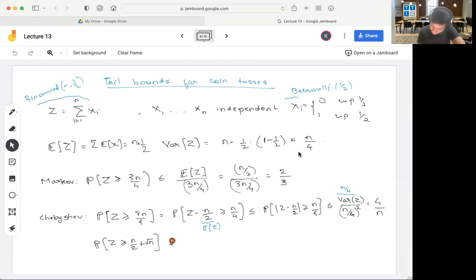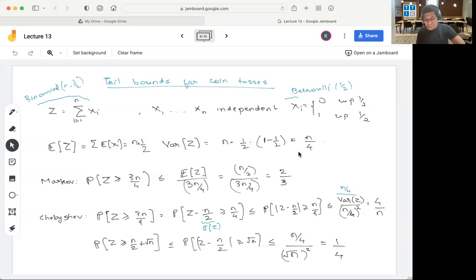So even for a deviation of about root n from the mean, we can get a bound of about 1/4, something non-trivial, even for this very small amount of deviation.